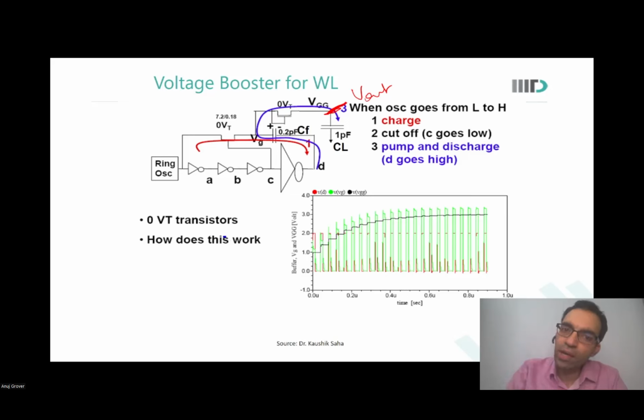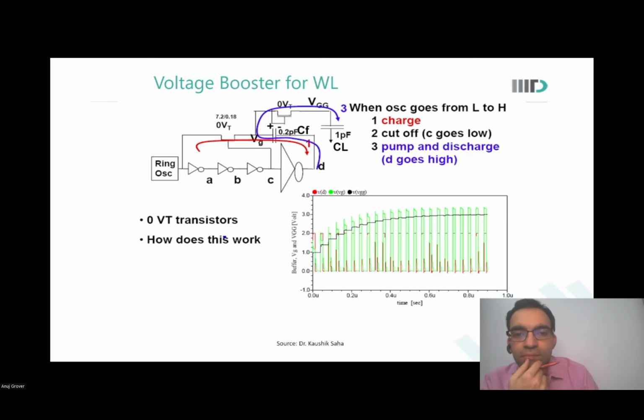How is it operating? Who can explain? Let us say the ring oscillator gave an output 1. So what happened?